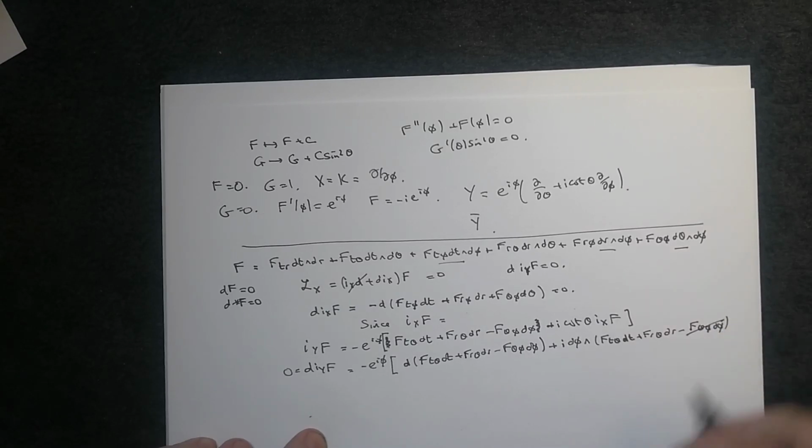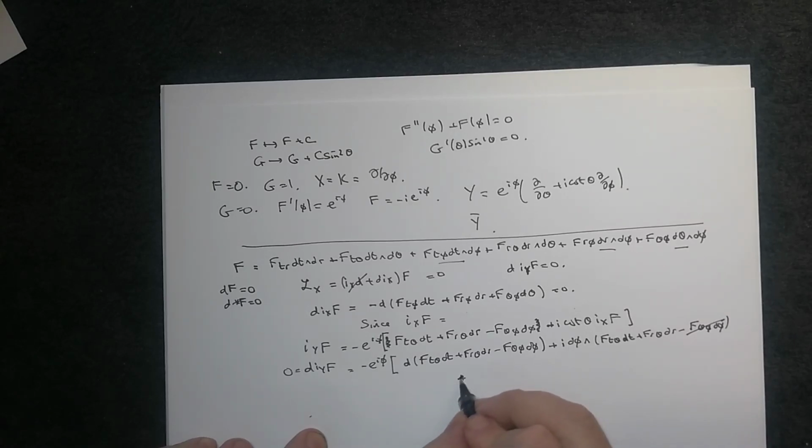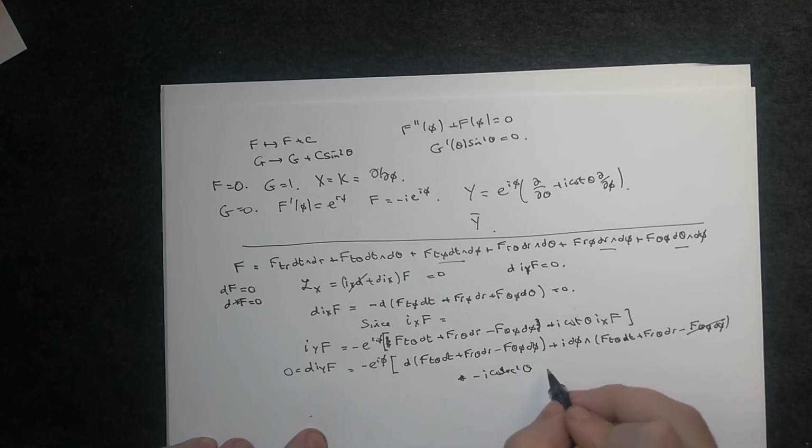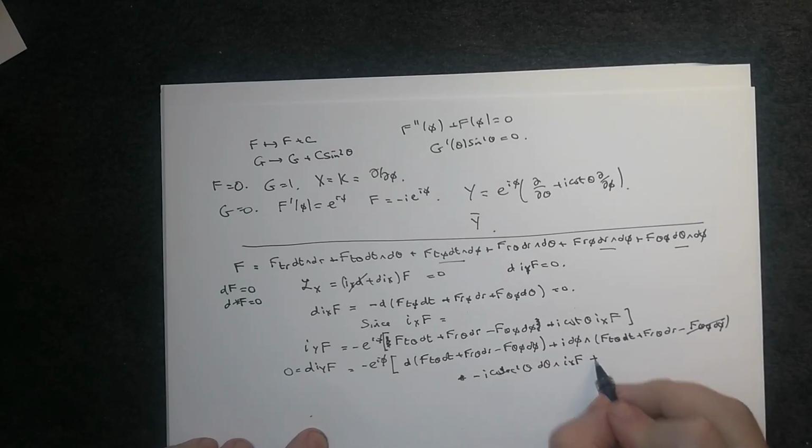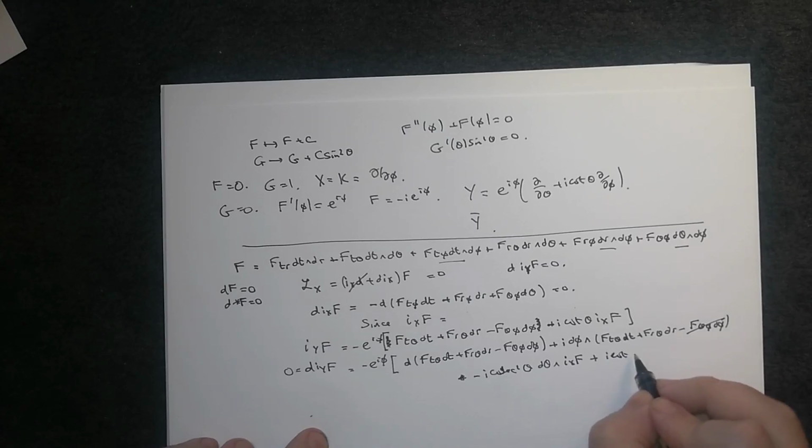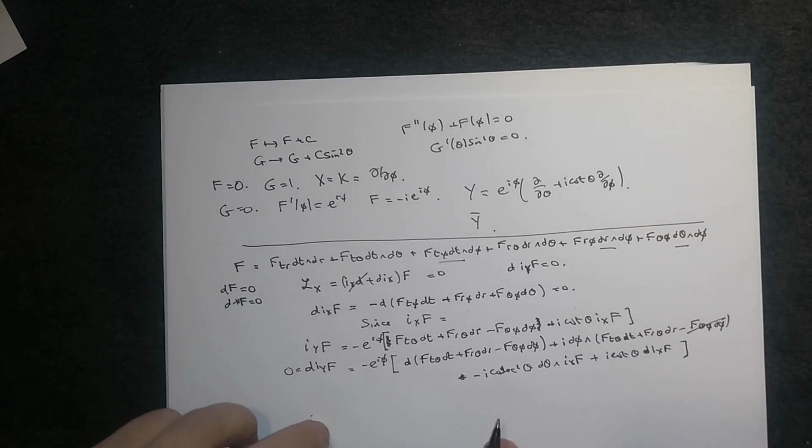That term goes away. Then we get minus i cosec squared θ dθ, which i_x F, plus i cot θ d i_x F. And actually, that's equal to 0. The sign of the cot and of the cosec are wrong in this equation.